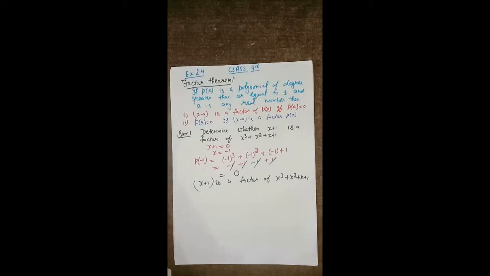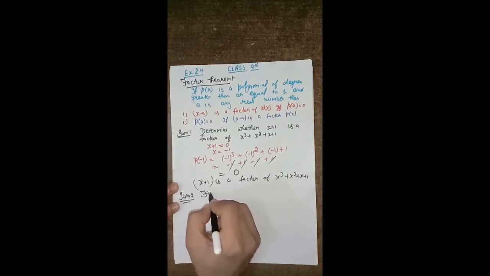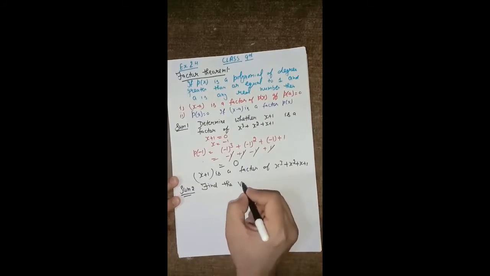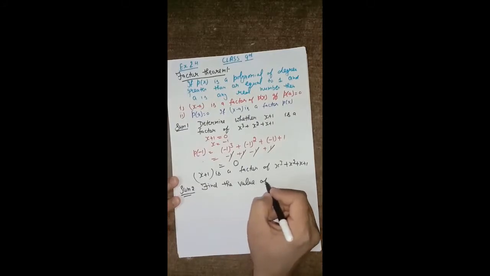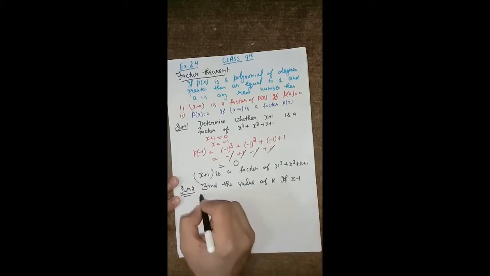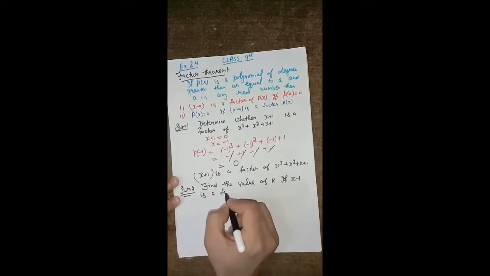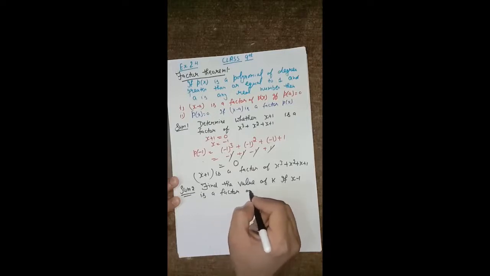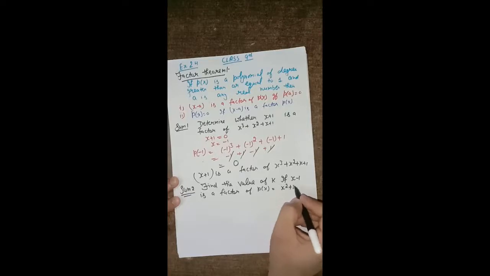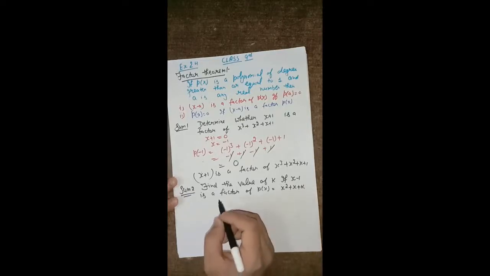Now our second sum is: find the value of k if x minus 1 is a factor of the polynomial x square plus x plus k.